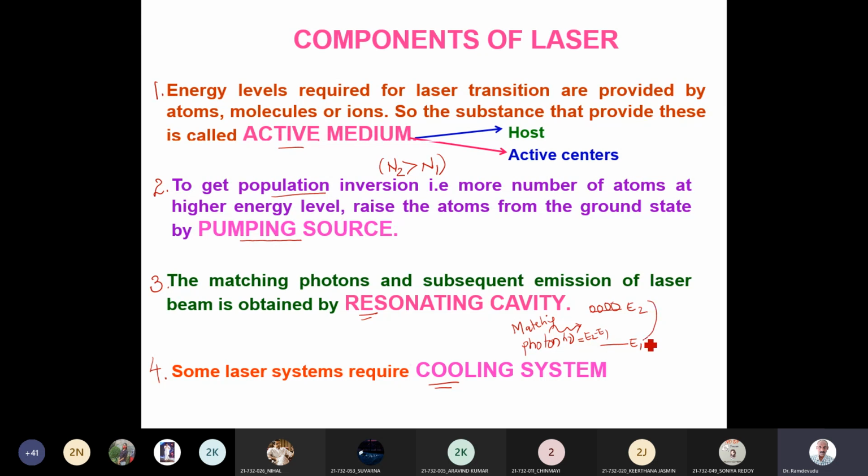If an atom falls here also, it will have the same frequency, h nu equal to E2 minus E1. Therefore, this photon excites the atom in E2: you come down as I'm moving. If you also come down, then you will emit the same frequency as mine, that is the incident photon. Therefore, both will have the same frequency.